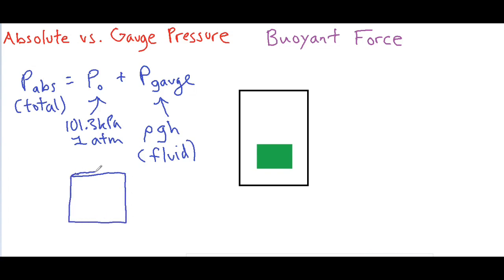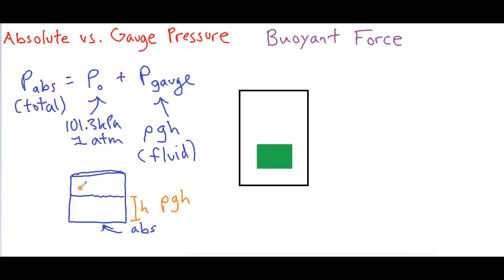So say, for example, you have a container that's filled with some fluid, and you're trying to find the absolute pressure at the bottom of the container. With that, you have this specific height of fluid, and we'll say, for example, it's water, then you would use 1,000 kilograms per meter cubed, something along those lines, and then you would have a certain rho g h exerted on the bottom of the container by that particular fluid.